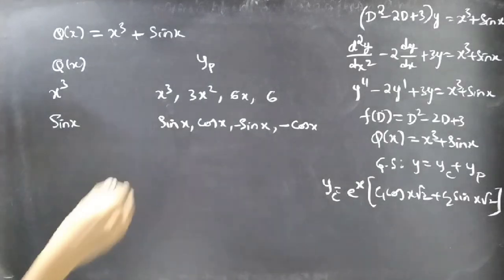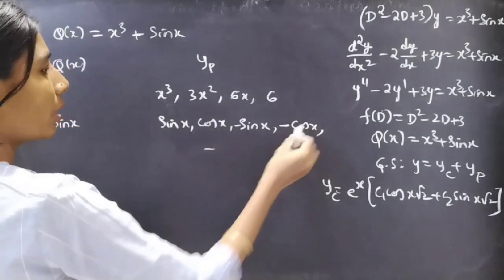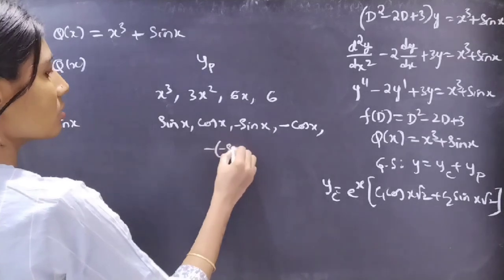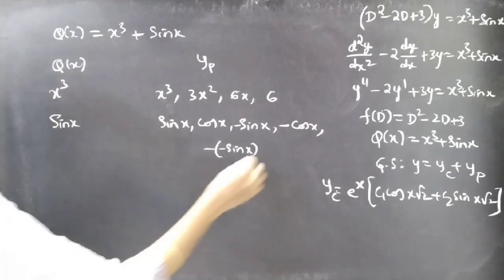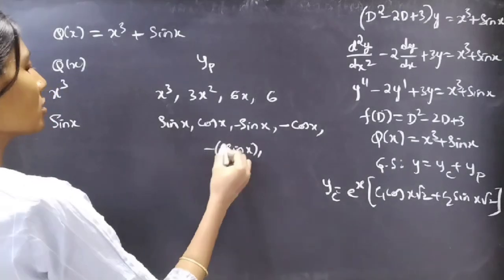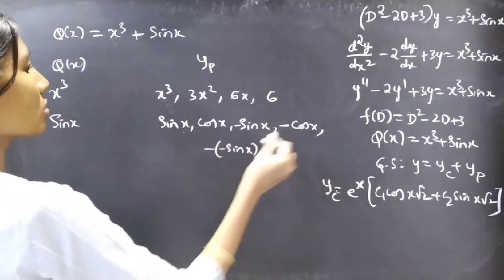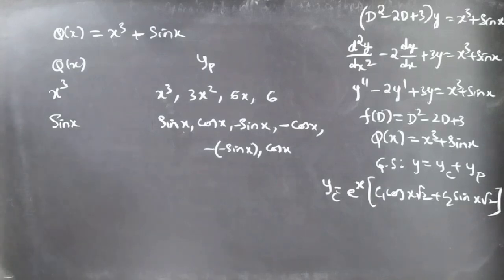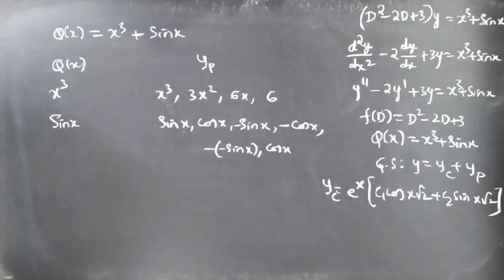It just repeats. You'll get sin x, cos x, sin x, cos x, and it continues like that. So by differentiating sin x from q of x, you'll get only sin x and cos x.